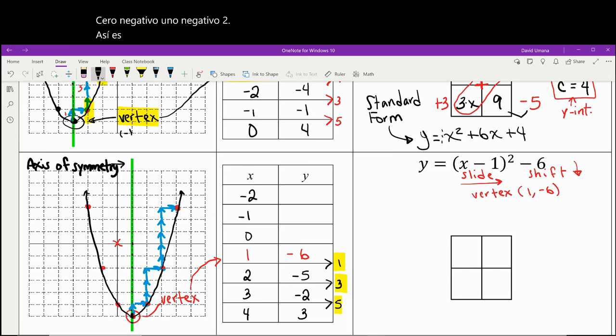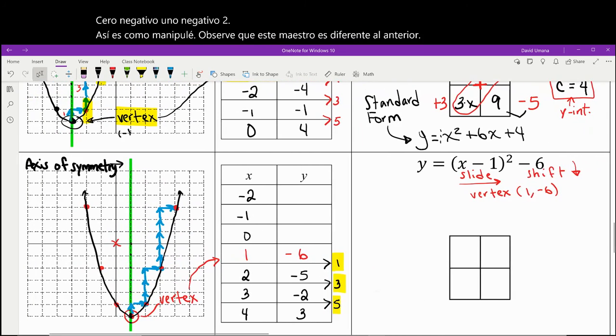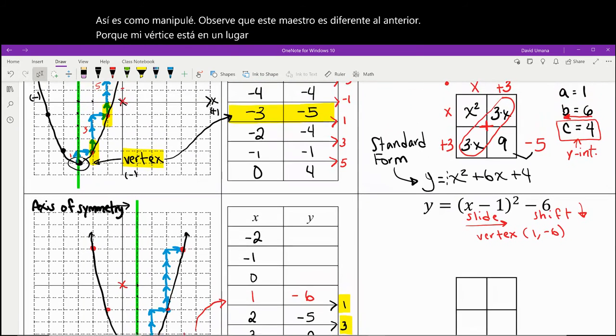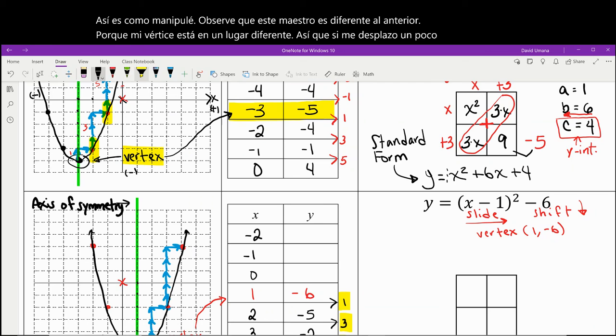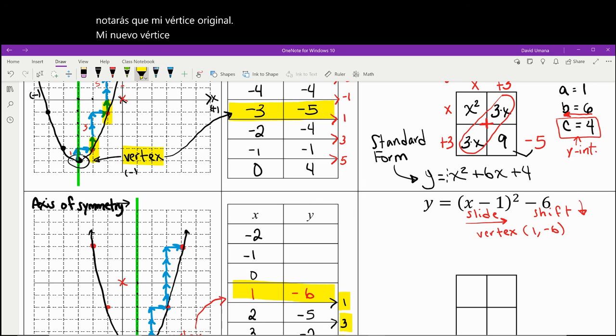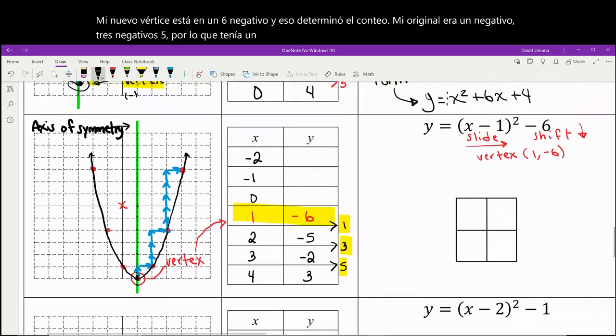Notice that this T-chart is different than the one before because my vertex is in a different spot. So if I scroll down a little bit, you'll notice that my new vertex happens to be at 1, -6. And so that determined the counting. My original one was a -3, -5, and so it had a different count. Okay? Just kind of be aware of that.